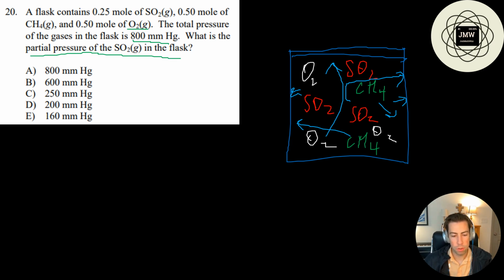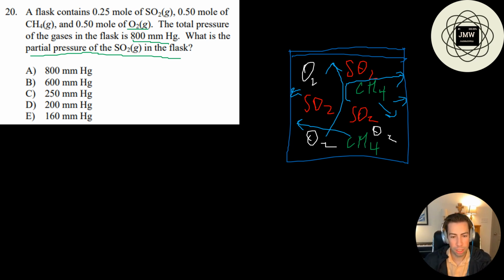Essentially, what I am assuming is that their pressures are going to be proportional to the mole fraction. The pressure is basically proportional to however much gas is in the total. Sorry, it's kind of difficult to put into words.